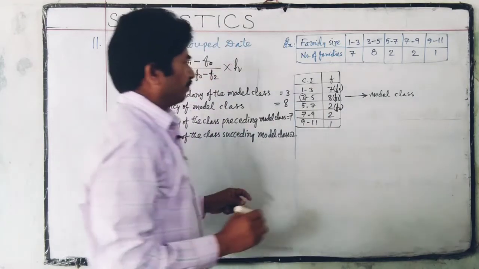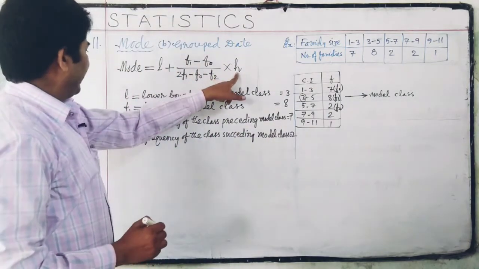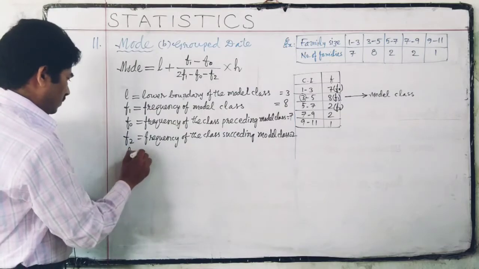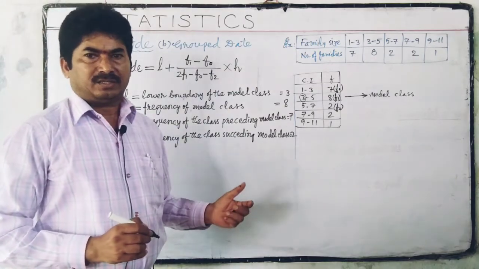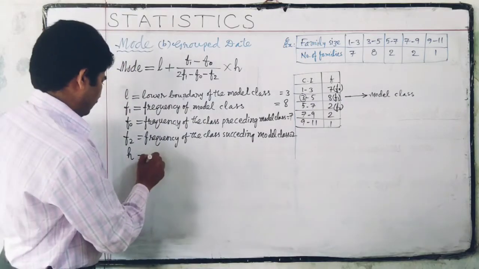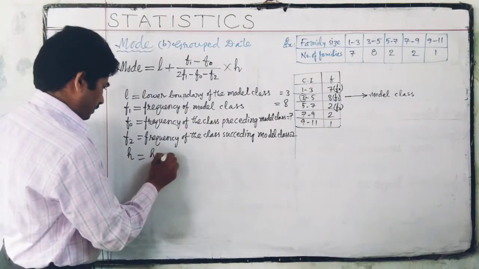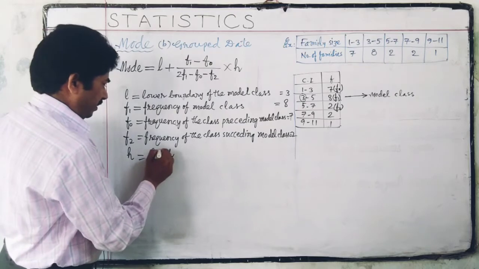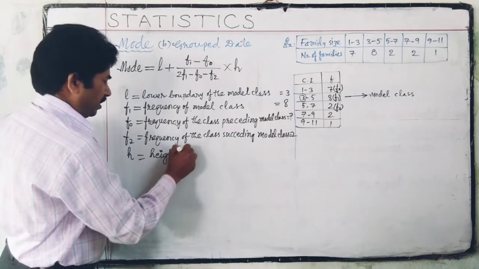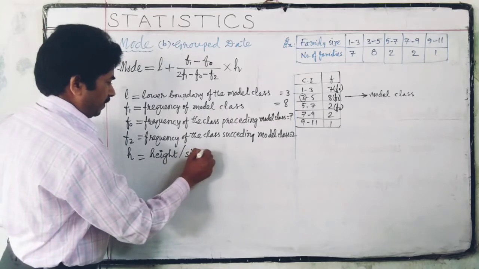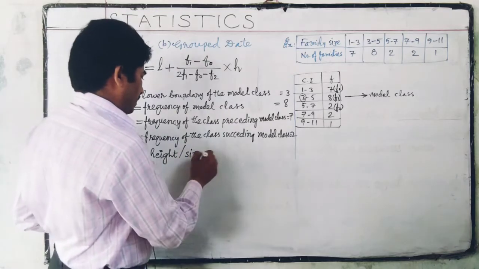F2 is 2. Next, H. What is H? The height of the class or size or length of the class.